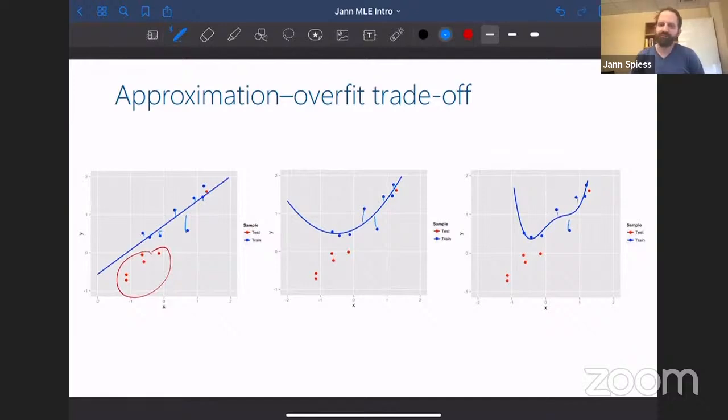But at the same time, the more flexible my functional form is, the more I will also fit to the idiosyncrasies of the training data set in a way that does not necessarily help me to predict well out of sample. And indeed, it turns out that in this case, the simple linear function that didn't have any higher order terms was actually better, because the moment that I'm getting more and more flexible, I'm also getting worse out of sample, because I'm starting to fit to the error terms rather than to the truth signal.